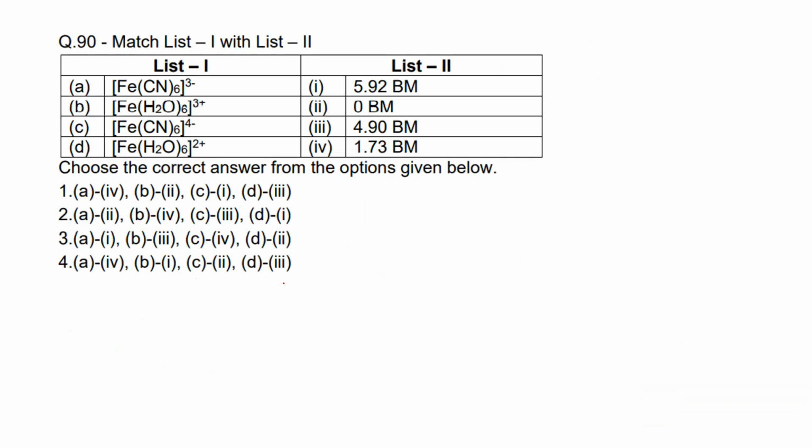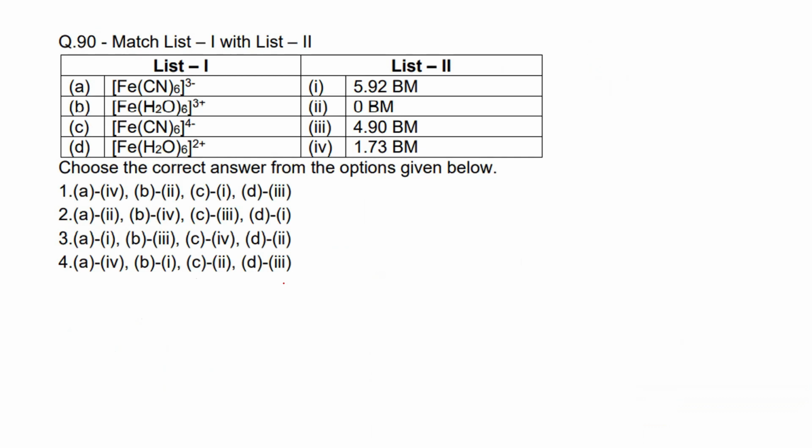And next, question number 90, we'll see. Again, a matching. He has given some complexes, and here the mu value is given. Okay, that mu value depends on the number of unpaired electrons. So we have to choose the number of unpaired electrons there. FeCN6 3 minus. Cyanide ion is a strong field ligand.